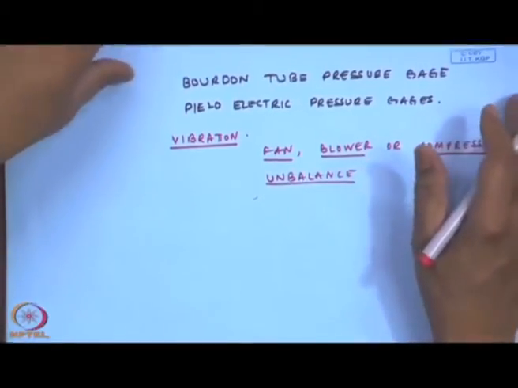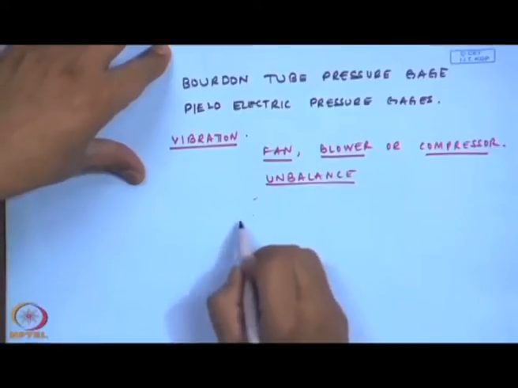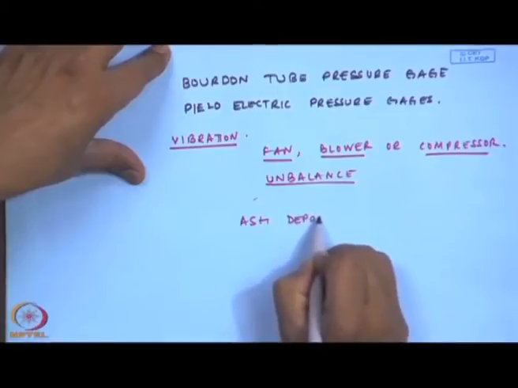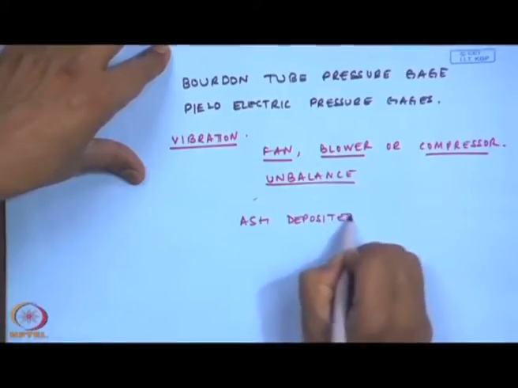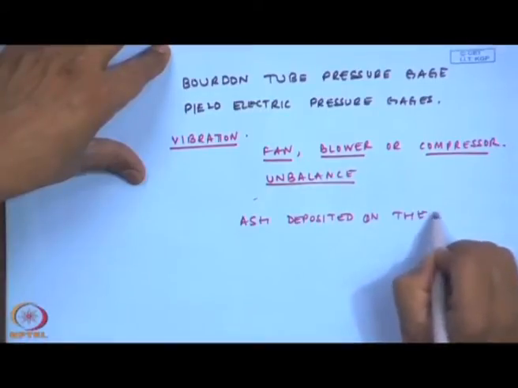Now, how does unbalance occur in the first place? If a plant is new, you saw this case of the ID or FD fan, which are exposed to the flue gases. So, many times what happens, the ash gets deposited on the blades, fan blades.